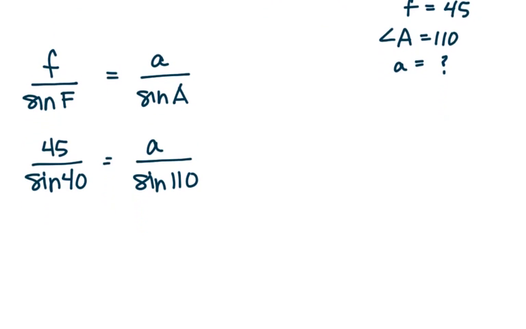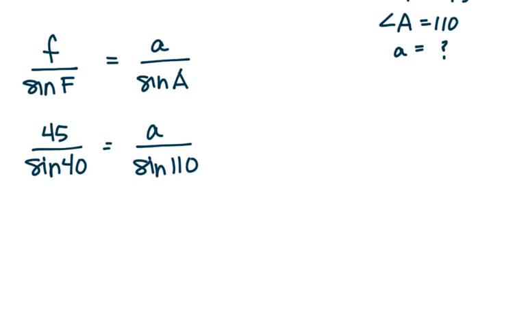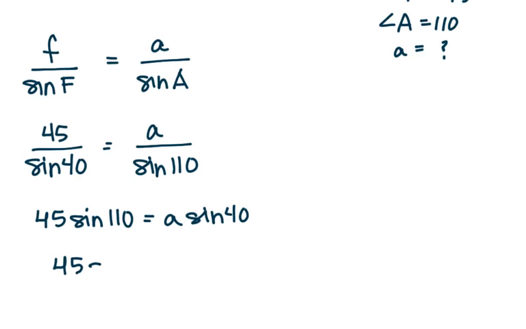Of course, from here, we cross multiply. So that is 45 times the sine of 110 equals a times the sine of 40. Divide on both sides by the sine of 40. And we have 45 times the sine of 110 divided by the sine of 40 equals a.